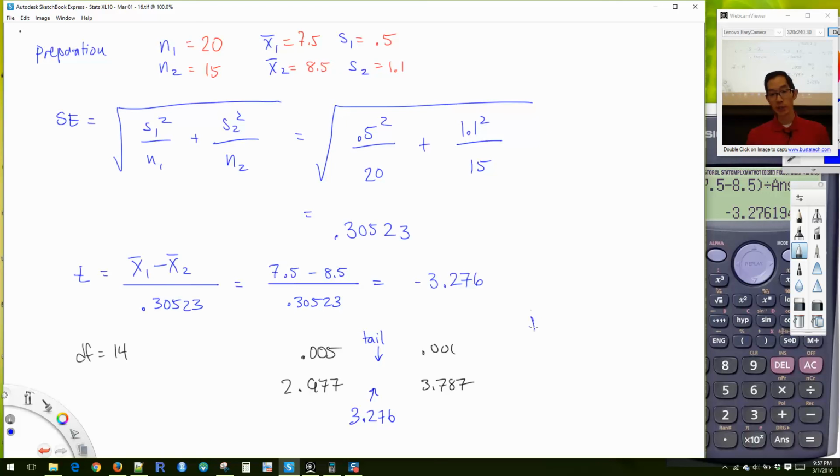So our tail area is between 0.005 and 0.001. Is my tail area my p-value, or do I have to double this? I have to double it. Why do I know I have to double it?